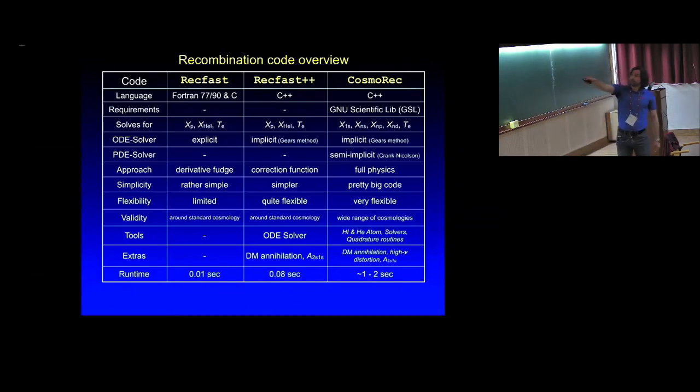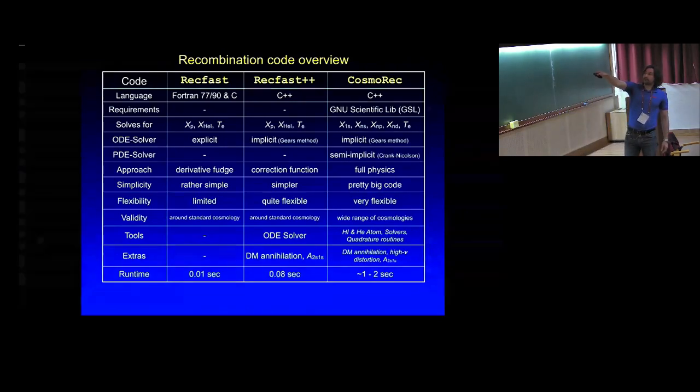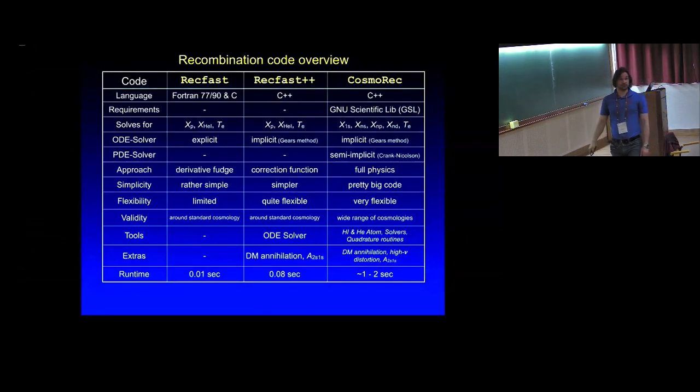For RecFast++ and RecFast, there are only 3 equations being solved: the proton number, the neutral helium ground state population, and the electron temperature. I told you on the first day when I derived the RecFast equations, it's really nothing else than these very simple equations, and there is a cooling equation for the temperature as well.